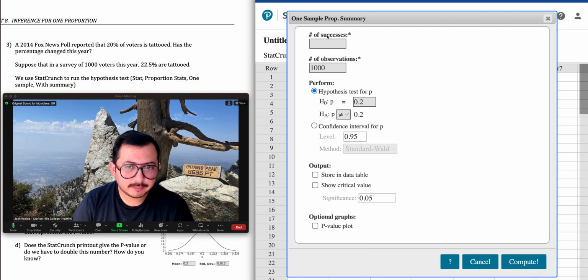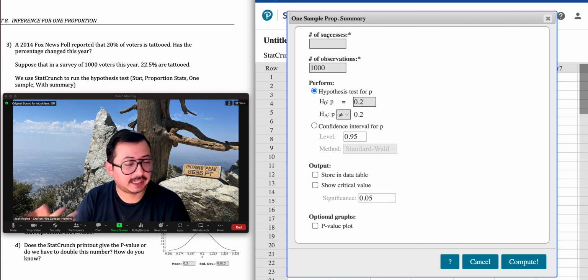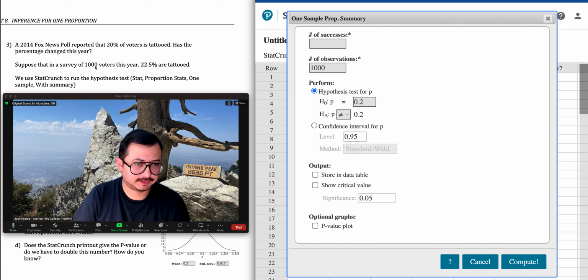So number of successes is actually a familiar calculation. It's n times, specifically, p hat. And I think it's easier to just understand that, though. You can write that down as a formula. If 22.5% of people were tattooed out of 1,000, how many actual people?